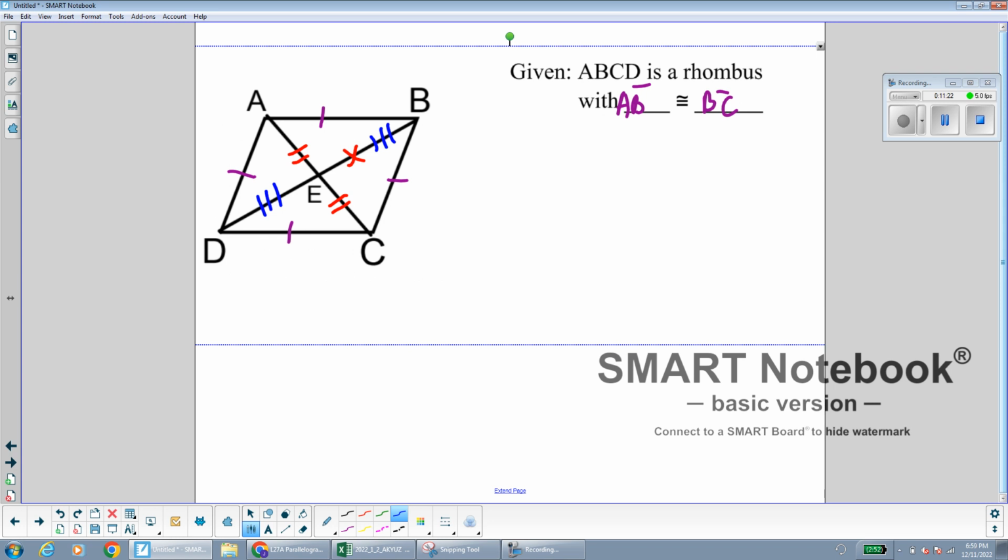Now I can see that these two triangles are congruent, and these two triangles at the bottom are congruent as well. Wow. If I have a bunch of congruent triangles here, then I can use CPCTC to prove a lot of things. First, this angle and this angle are congruent, and this angle and this angle are congruent, because they are corresponding angles in the congruent triangles. That's CPCTC. In these two triangles and these two triangles, I can say the same thing.